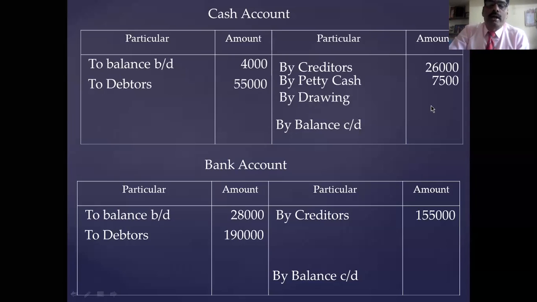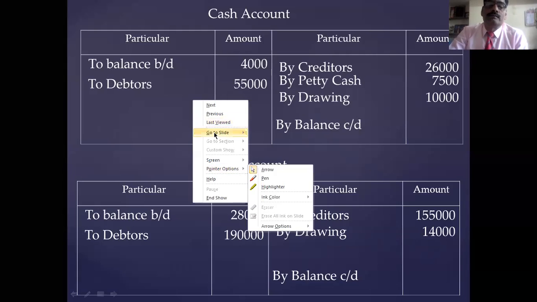In the cash account, by drawing 10,000 in the form of cash. Okay. Drawing by check, you take in the bank account. By drawing 14,000. Drawing made by check 14,000. Drawing by cash 10,000. In the respective account, payment side, you enter. Clear? These are the cash transactions. Now I'll go to debtors and creditors.